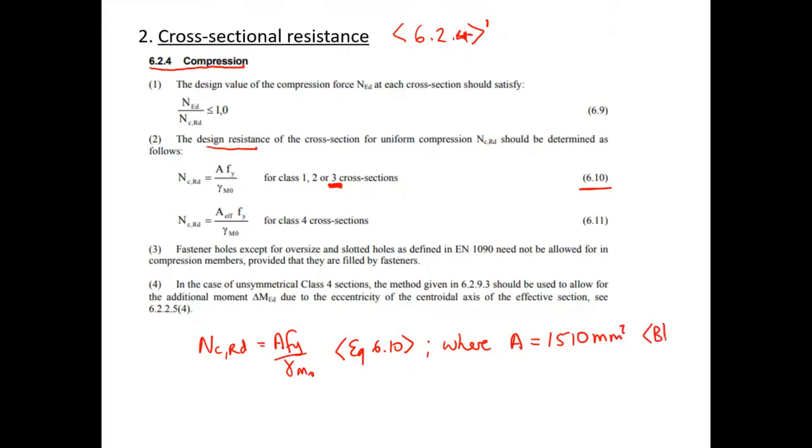It came straight out of the blue book: 15.1 centimeters squared, which is 1510 millimeters squared. So that means the cross-section resistance is equal to the area, 1510 millimeters squared, times the yield strength, which is 275 newtons per millimeter squared, all divided by 1.